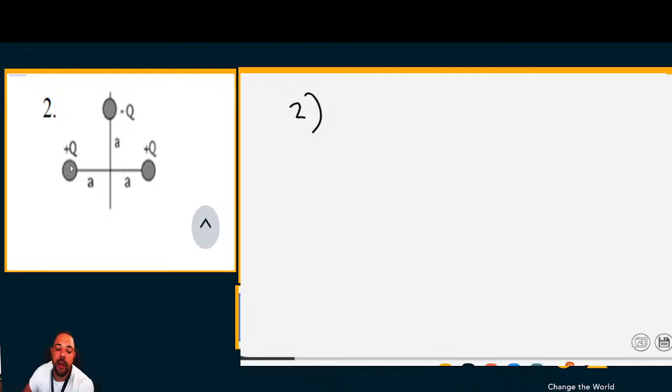For the first pairing, it is the positive on the left and the negative charge. The potential energy is then k, negative because it's a positive and a negative charge. All of them are Q, so it's Q squared.